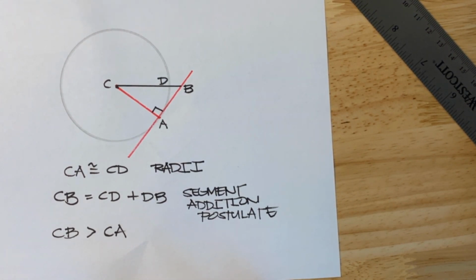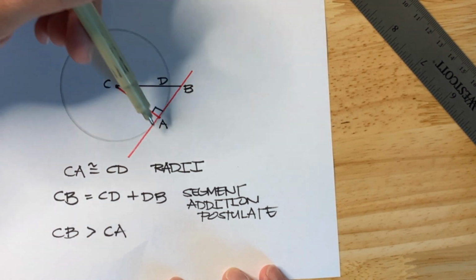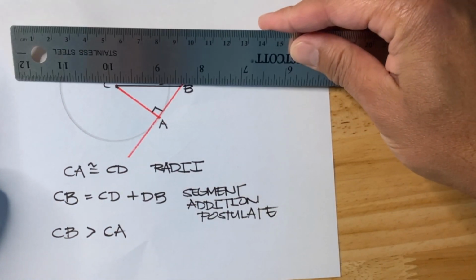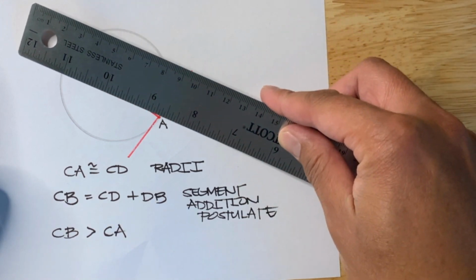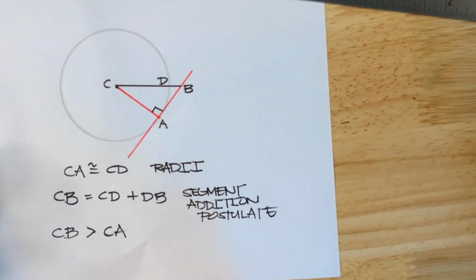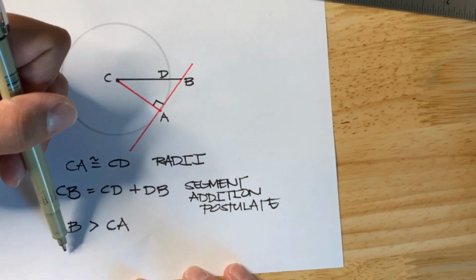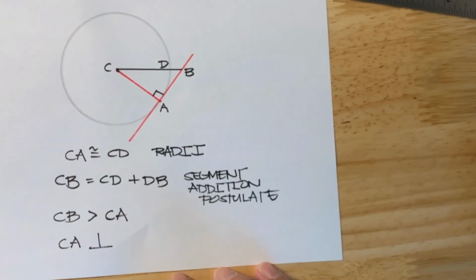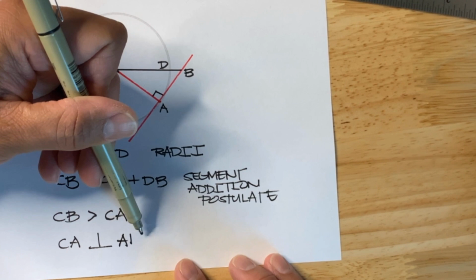So thus, because CB is greater than CA, and CB is any line from the center here, CA has to be perpendicular to AB.